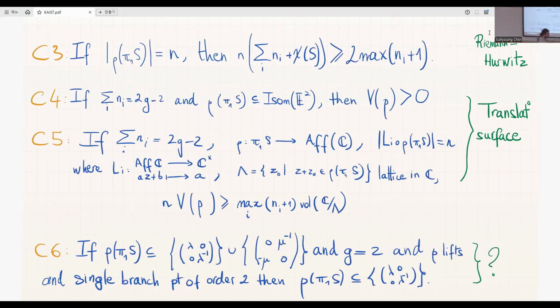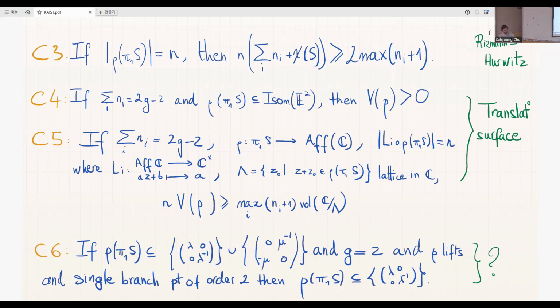And okay, here they are. I don't know if I want to read them or not, so maybe I will just say a little bit. If your image is finite, then you have a condition that comes from Riemann-Hurwitz. Say you have trivial holonomy: having trivial holonomy is the same as being a branched cover of the Riemann sphere, and so Riemann-Hurwitz gives you some restriction.